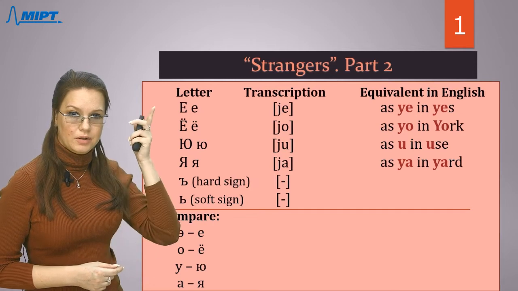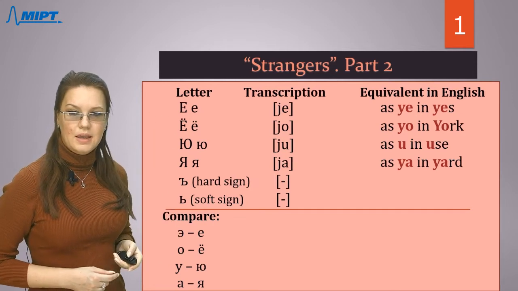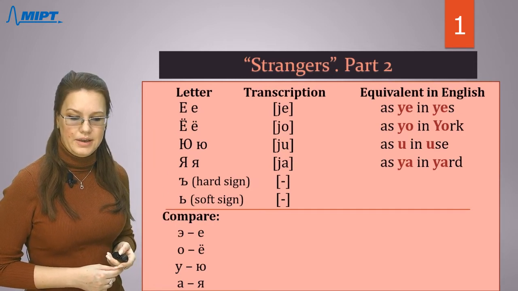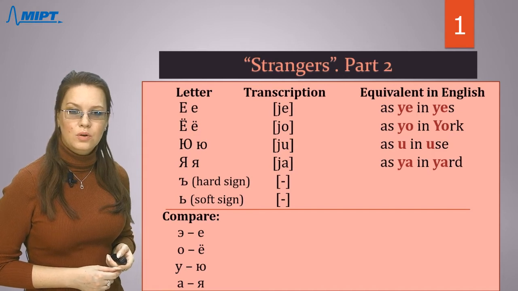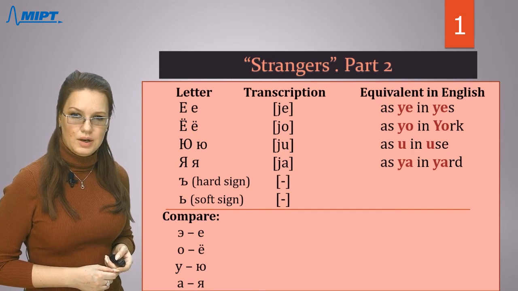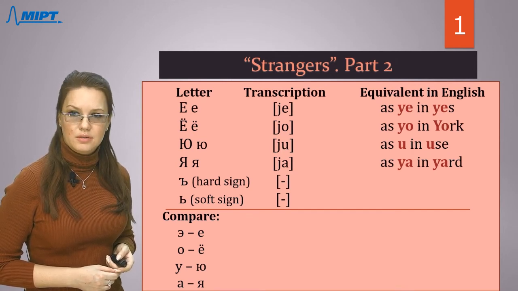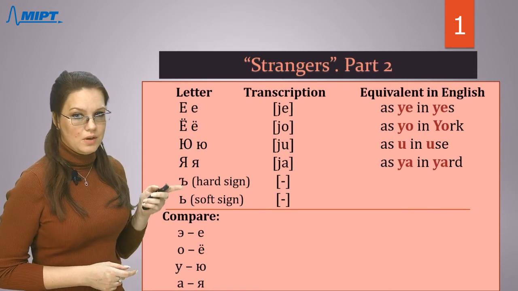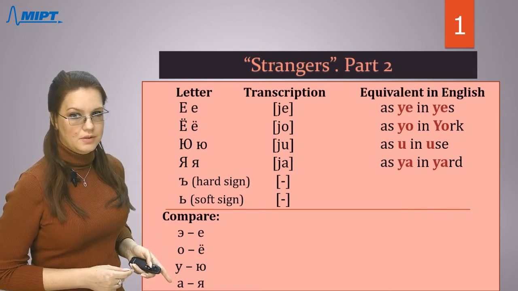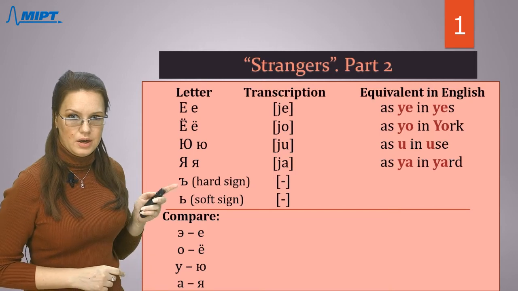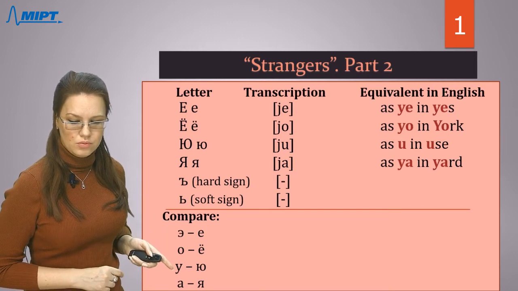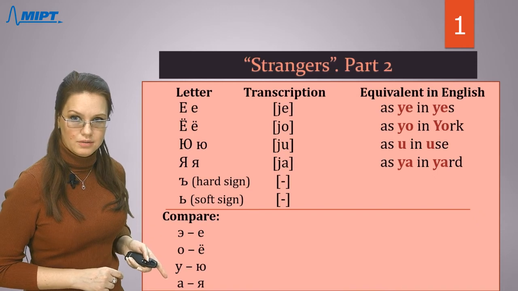Let's read our new letters. E, Ye, O, Yo, U, Yu, A, Ya. What's the logic? The first letters give us only one sound: A, O, U, E, O, U, A, right?